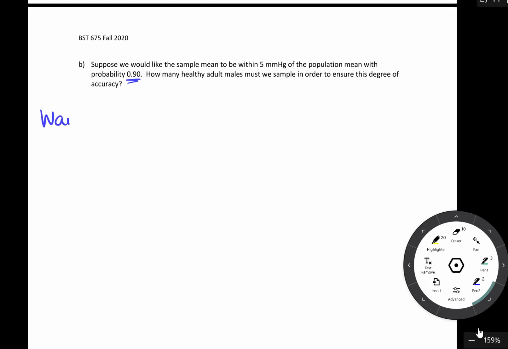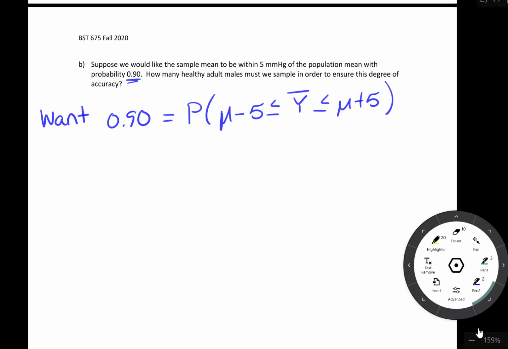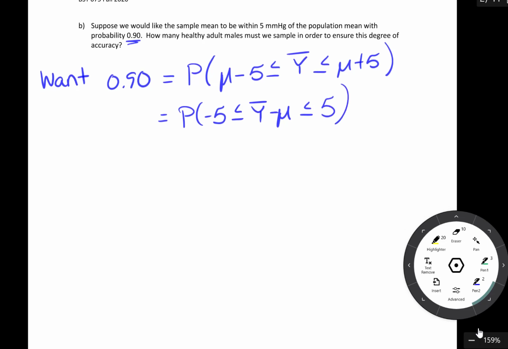So in this case, when we write out our probability statement, we want the probability that mu minus 5 is less than or equal to y bar, less than or equal to mu plus 5, to be equal to about 90%. Okay. So doing the same thing we did before, I'm going to subtract off mu throughout. And then we know that if we standardize y bar, it will follow a standard normal distribution.